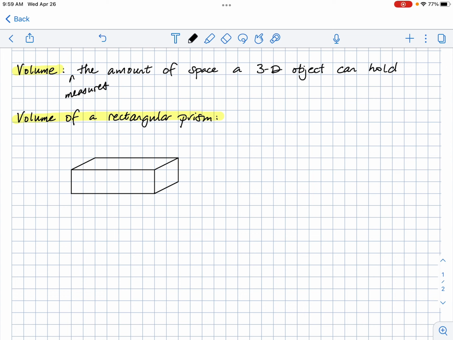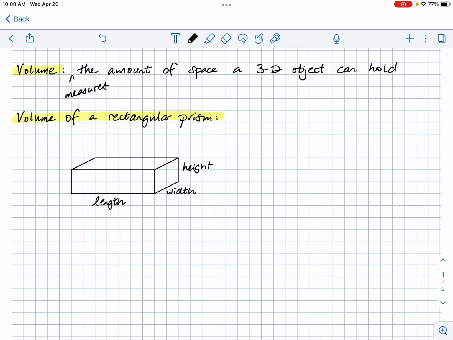Remember, when you set up the formula, you would always take the length, the width, and the height as part of the calculations, right?